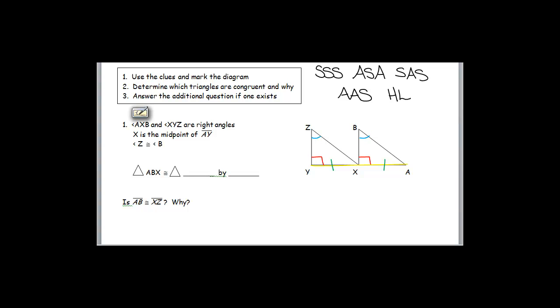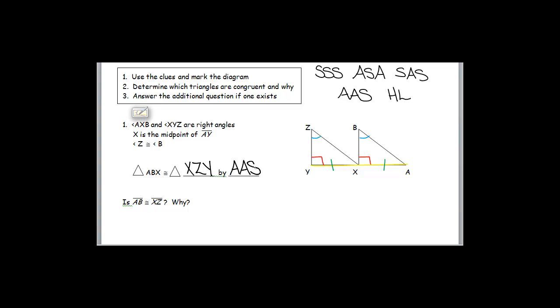If we look carefully at the triangle that's been provided for us, triangle ABX, it goes from blank to blue to red, so we follow that, blank to blue to red, and that's going to be triangle XZY. The theorem that we are going to use, we have 2 angles followed by a side, so angle, angle, side.